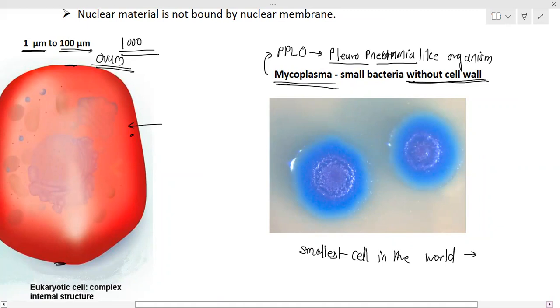The cells look small. And remember, Vaibhavi, this PPLO is disease causing. In humans it causes a very bad kind of fever, which leads to lung infection. It is very dangerous for us.